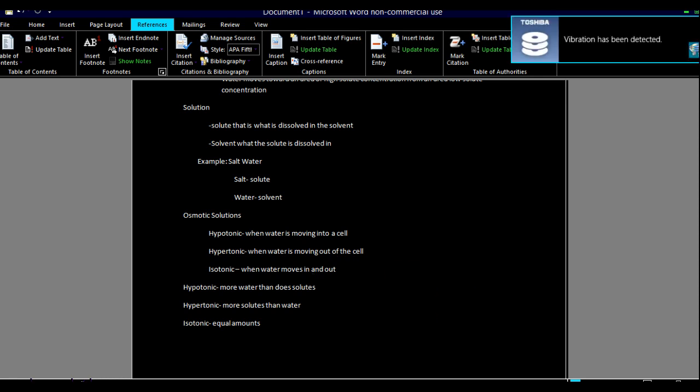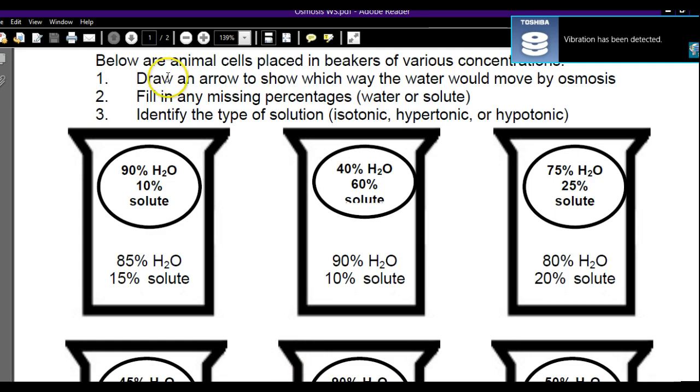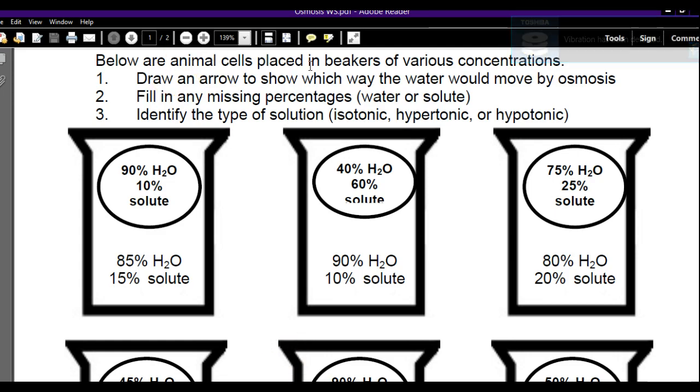Okay, so let's talk about this worksheet. It wants you to draw an arrow to show which way the water would move by osmosis, fill in any missing percentages, water and solute, and then identify the type of solution: isotonic, hypertonic, or hypotonic.